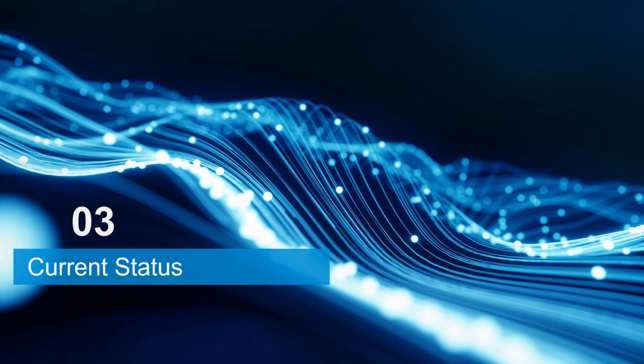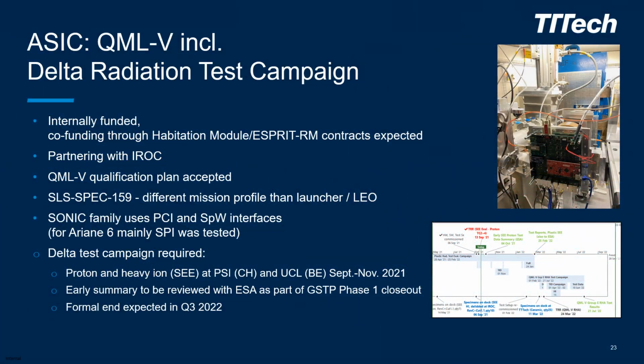Let's have a look at the current status. First of all, the central device is the ASIC, which is currently in its QMLV qualification campaign, which is internally funded, but we receive co-funding through the habitation module and as pre-RM contracts.